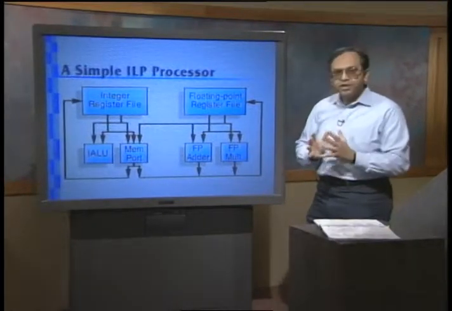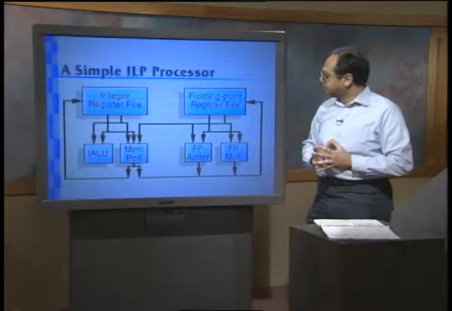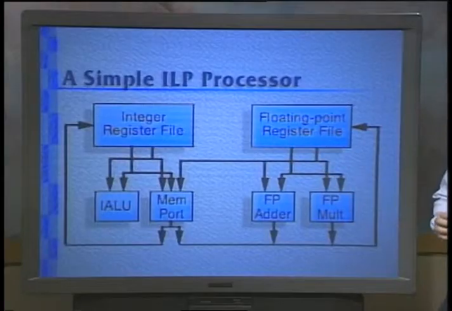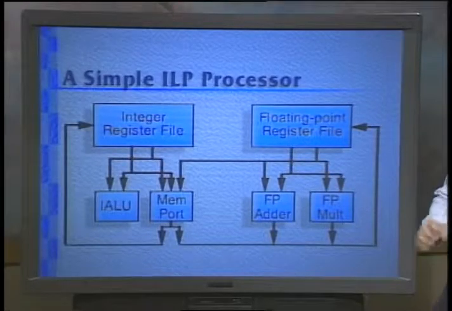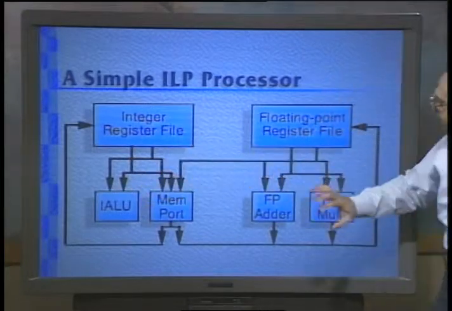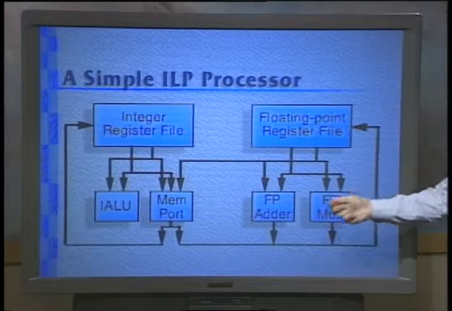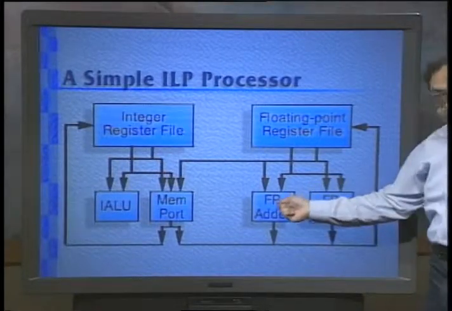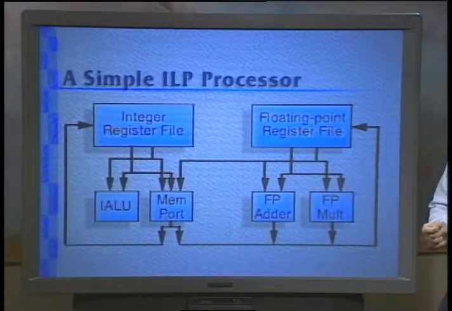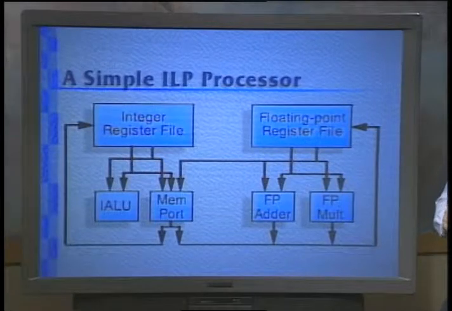To understand this issue of modeling the resource usage a little bit better, assume we have this simple little machine, which has an integer cluster over here and a floating point cluster over here. Now, if you think about, say, a floating point add, it's going to be executed over here in the floating point adder. But in addition, it uses certain other resources.